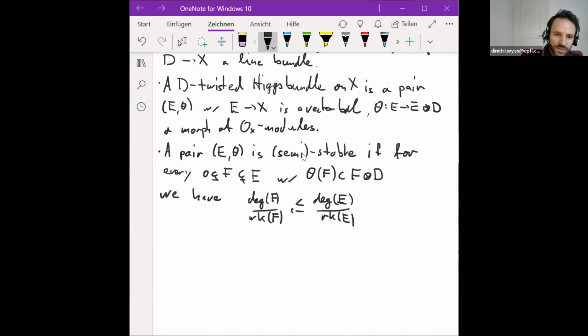And we also allow equality if we just want a semi-stable bundle.